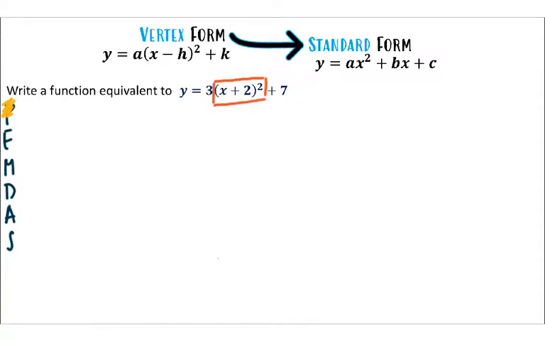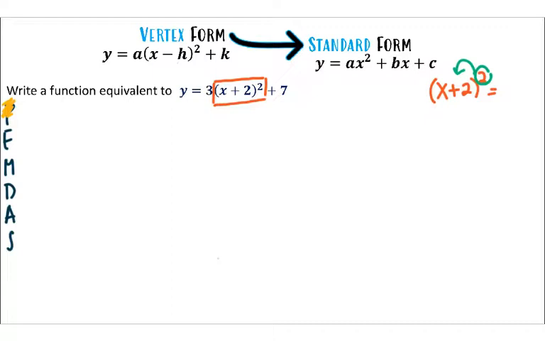So I'm going to come over here to the side and figure out what (x plus 2) squared is. From our understanding of laws of exponents, hopefully we remember that this exponent or power of 2 lets us know that we have two of these binomials.